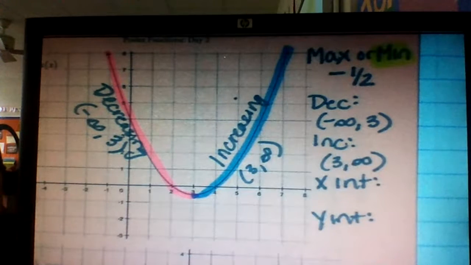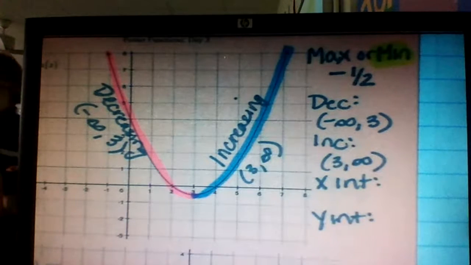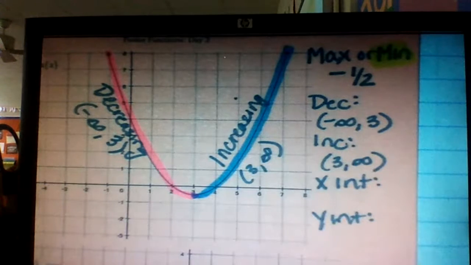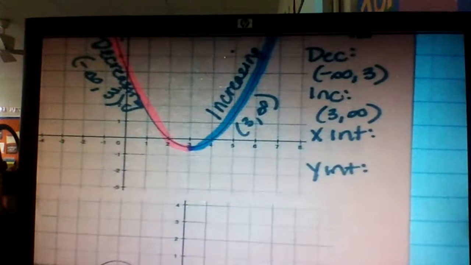The last things we talked about yesterday with key features: X-intercepts and Y-intercepts. What does it mean to be an X-intercept? What's happening if I'm an X-intercept? It's the X value when you're crossing what? What do I have to cross to be an X-intercept? The X-axis.